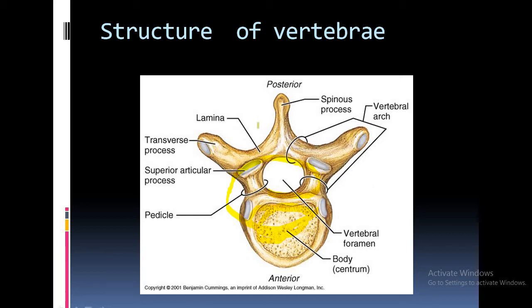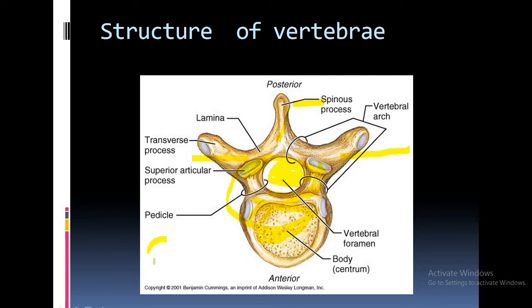This is the neural spine. Above the centrum there is the neural canal through which the spinal cord will pass, also known as the vertebral foramen. These are the transverse processes, and these are the articular facets through which another vertebra gets attached.